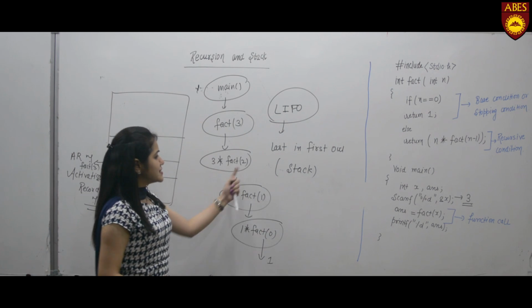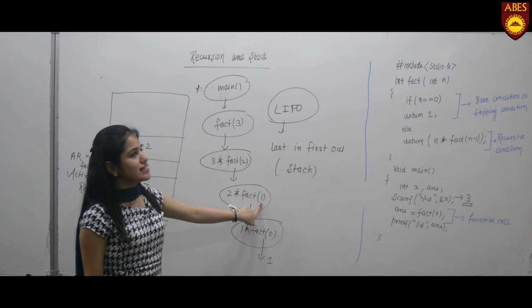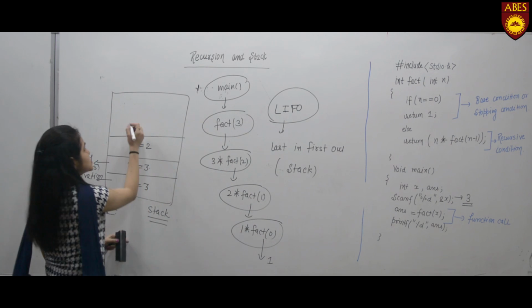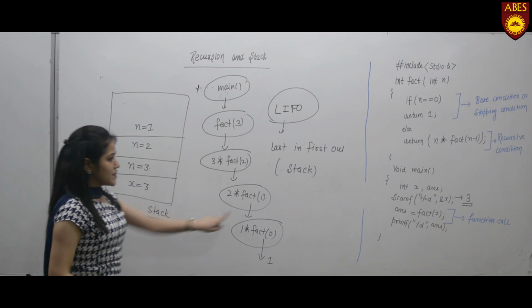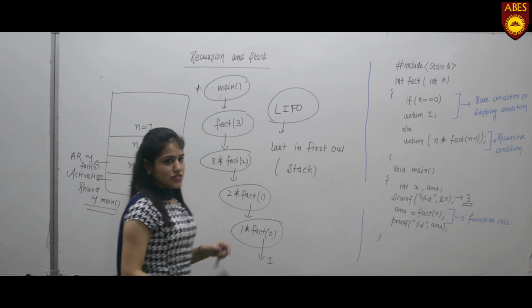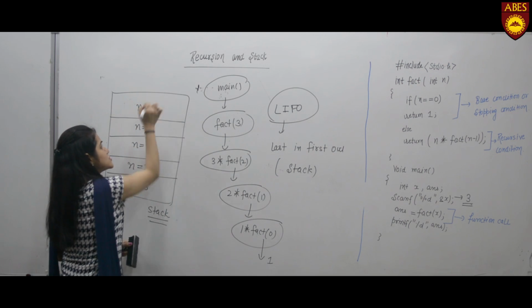Fact of 2 depends upon fact of 1 and it calls fact of 1. Here the value of n is 1, so the activation record of fact of 1 is stored in the stack. Fact of 1 calls fact of 0, so n equal to 0 will be stored in the stack.